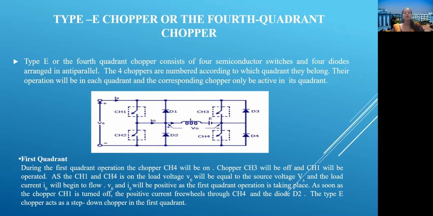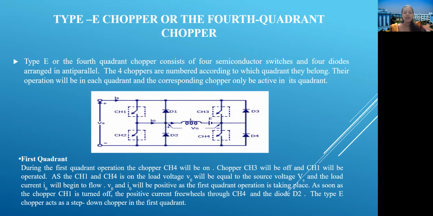Similarly, if it's second quadrant, we consider chopper 2. In a similar way, for first quadrant operation, we consider the operation of chopper 1. The condition for first quadrant operation is that we keep chopper 4 turned on. So during first quadrant operation, chopper 4 will be on, chopper 3 will be off, and chopper 1 will be operated.